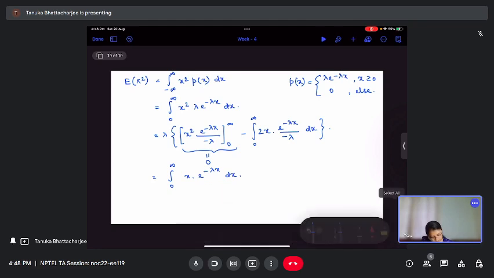Again we have x into e to the power minus lambda x dx within the integration. So, we will again have to do integration by parts. Here we will take x as the first function and e to the power minus lambda x as the second function.